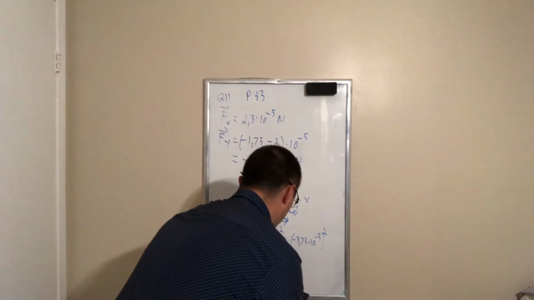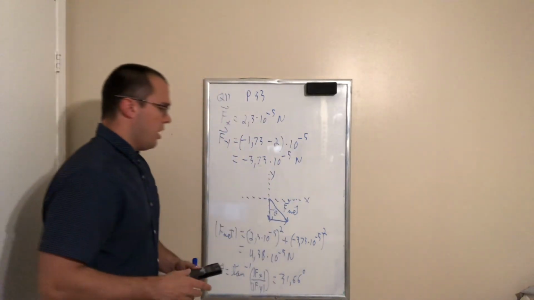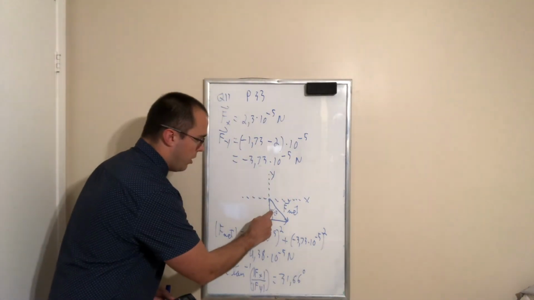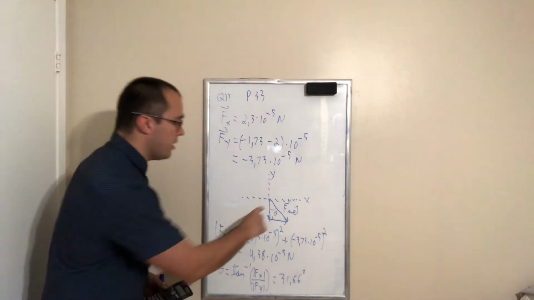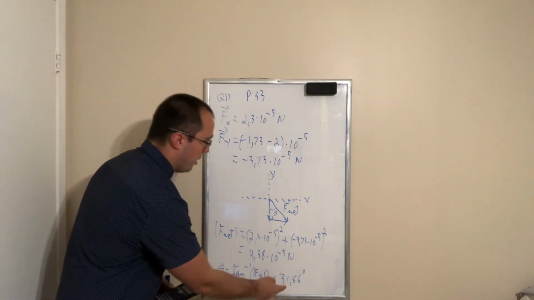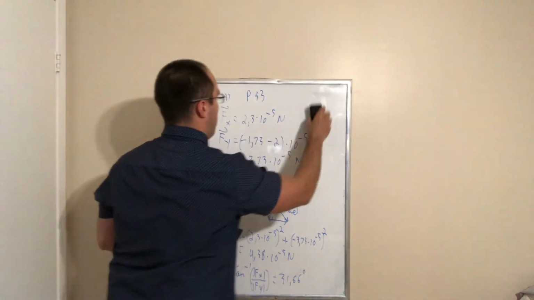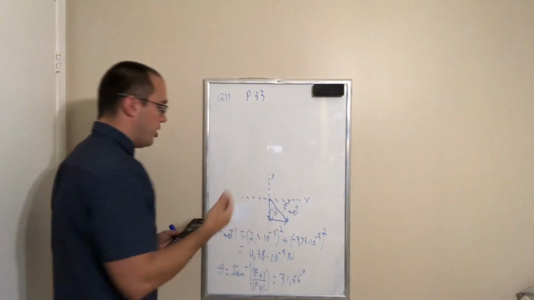And I get an angle of 31.66 degree. Now note, I decided to use this angle with respect to the negative y-axis. If you decide to use that one, that's completely fine also. It's simply 90 minus this value.